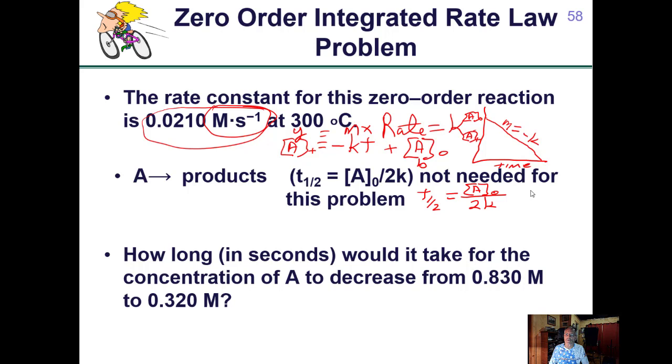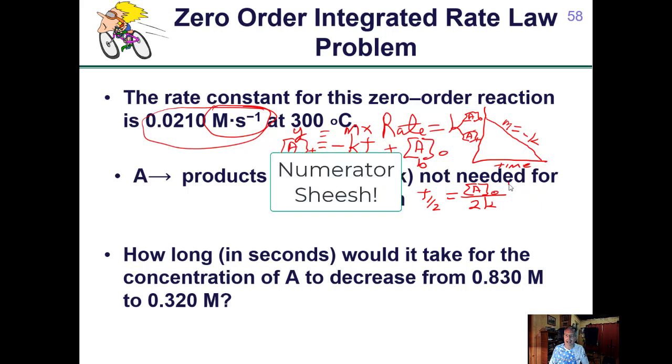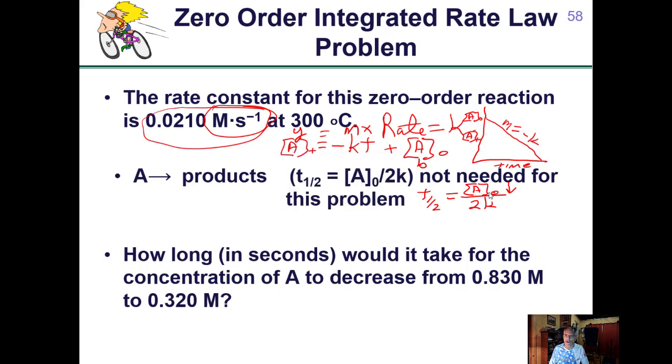But in the zero order, it's exactly the opposite. Since A naught is in the numerator, as the concentration goes down over time, the numerator is getting smaller, and so the half-life is also getting smaller.